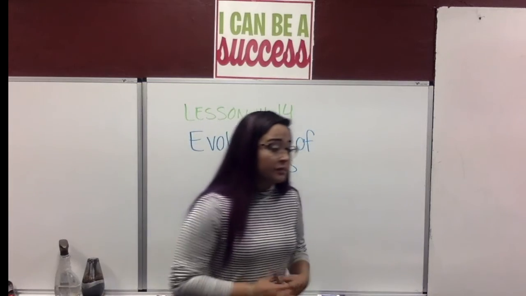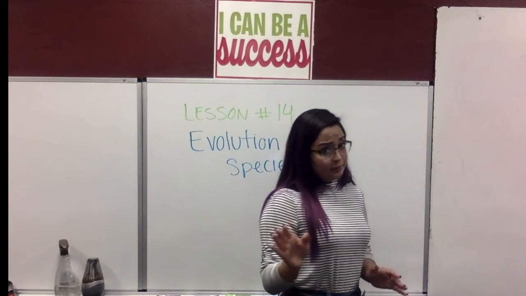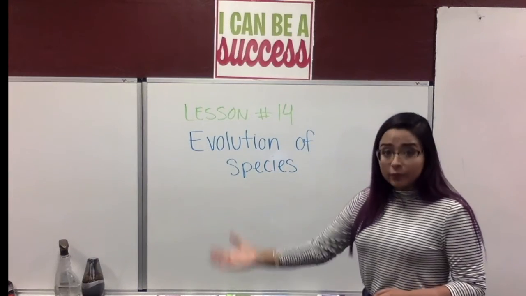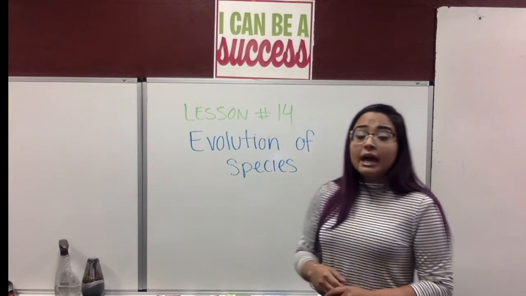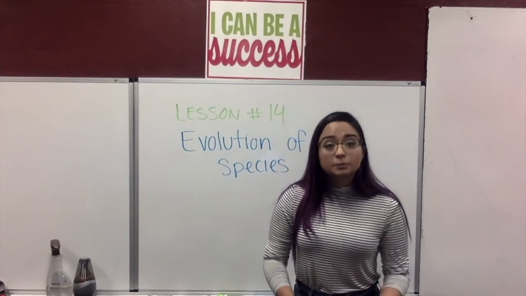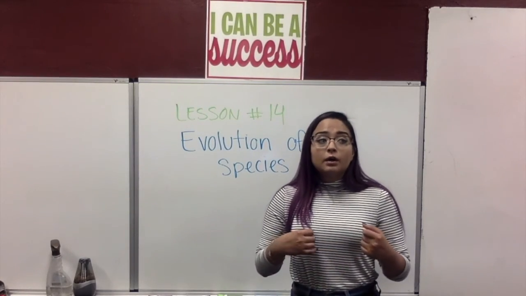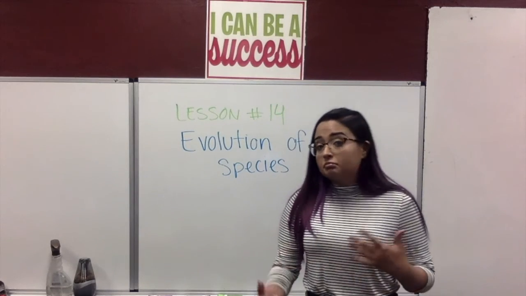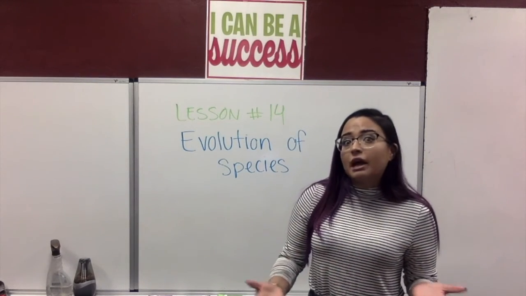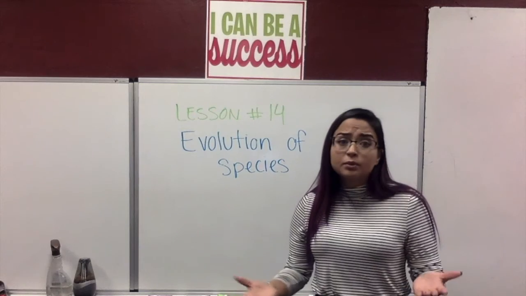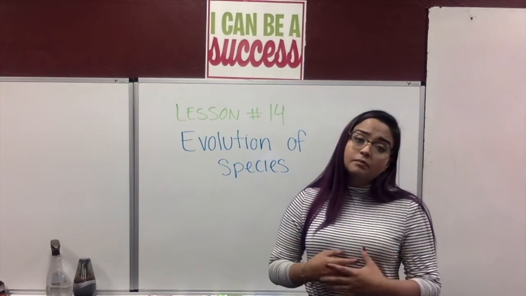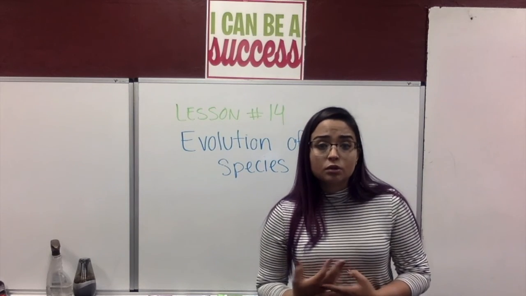Okay? Now, with that being said, species, we went over last time, and we learned that species are closely related, like animals, for example, or people that can mate to procreate.